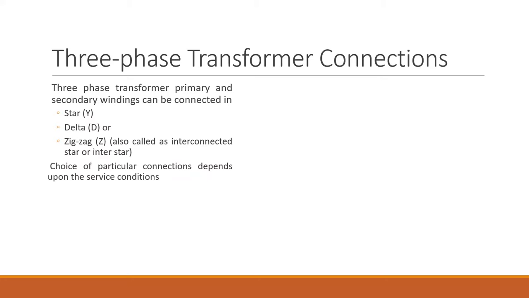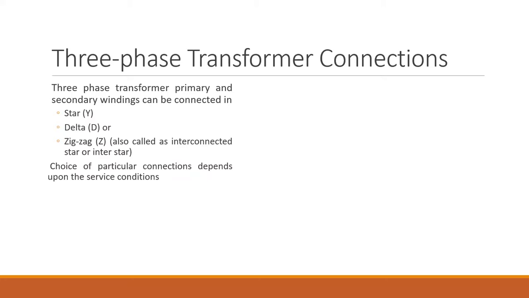These windings can be connected in a certain fashion. Those fashions could be star connection, delta connection, or it can be connected in zigzag fashion. This particular zigzag fashion is called interconnected star or inter-star.